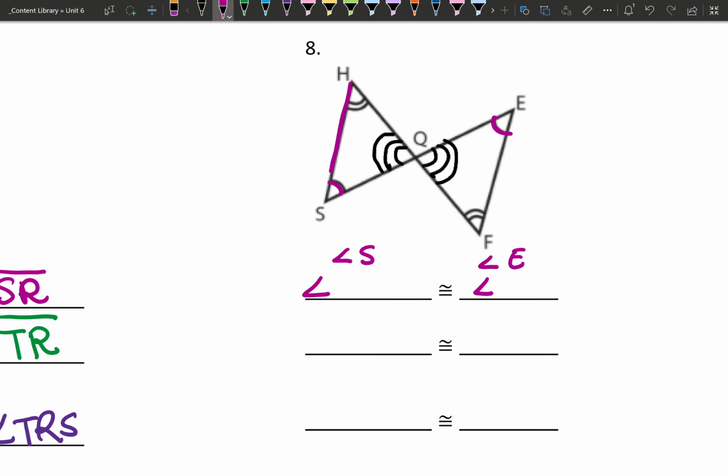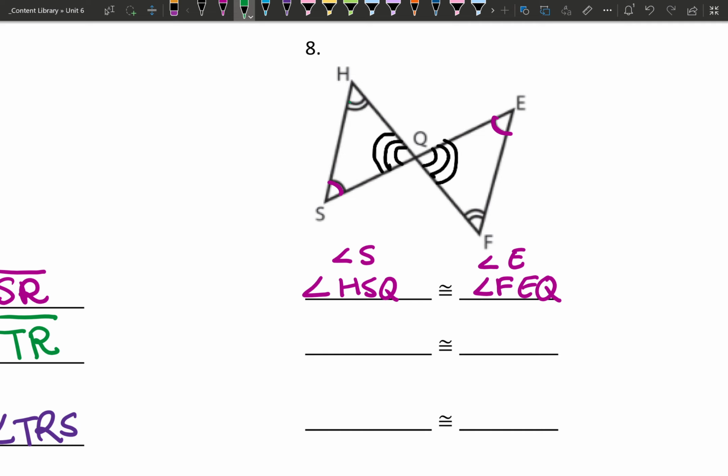For letter S, I can call it HSQ or QSH. And for the other side, we can call this angle FEQ or QEF, whichever way you'd like.